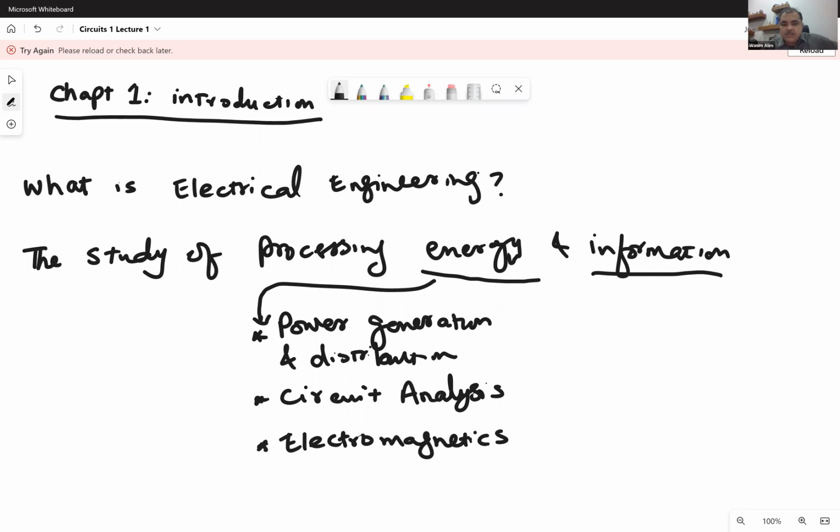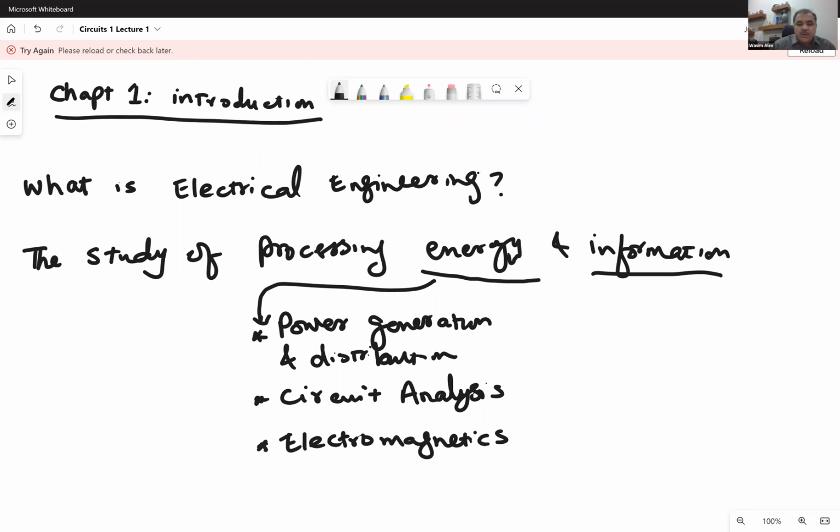The industrial revolution in the last couple of centuries has been due to the innovations in electrical engineering principles. So electromagnetics is fundamentally a very important concept there.